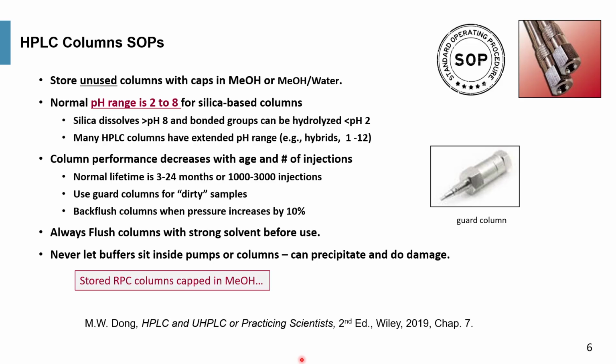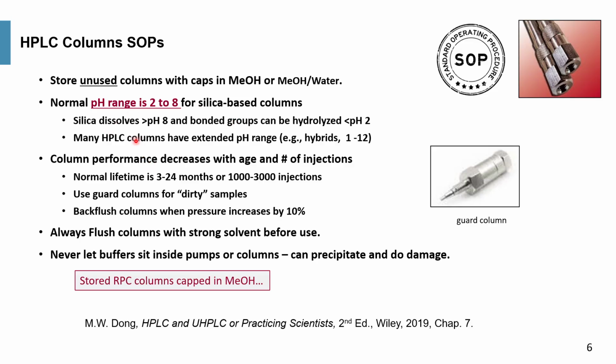Here is a list of HPLC column SOP, standard operating procedure. First, unused columns should be capped in methanol water rather than acetonitrile water, also with a plug. Note that the normal pH range for a C18 column or a reverse phase column is pH 2 to 8 for any silica-based column.